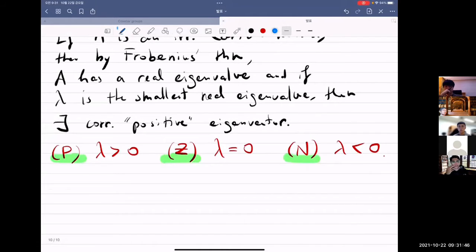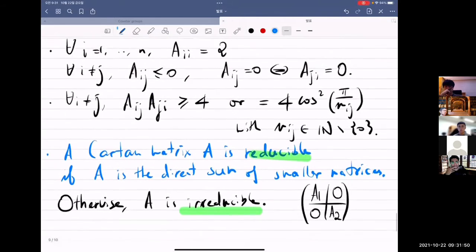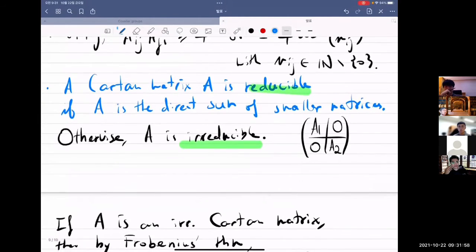Actually, you're right. I like your question a lot. So here, the matrix A, this Cartan matrix, what does it look like? If I write it, it has 2 on the diagonal, and then the off diagonal is less than or equal to 0, right?